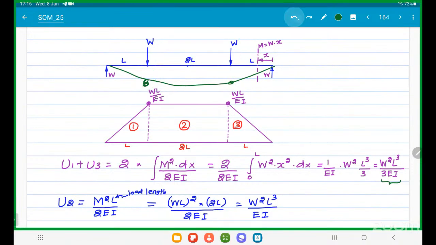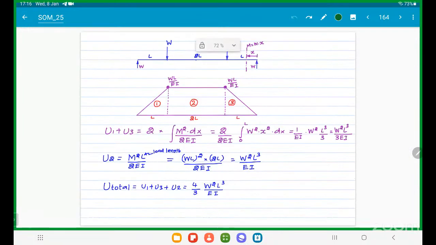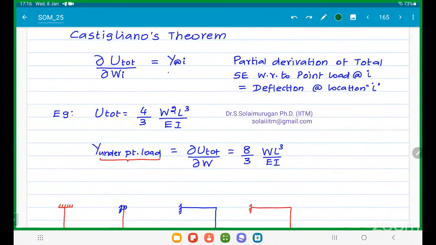Okay. Correct? So is it clear about the Castigliano theorem? Castigliano's theorem: partial derivative of total strain energy with respect to load at location i is equal to deflection at location i.